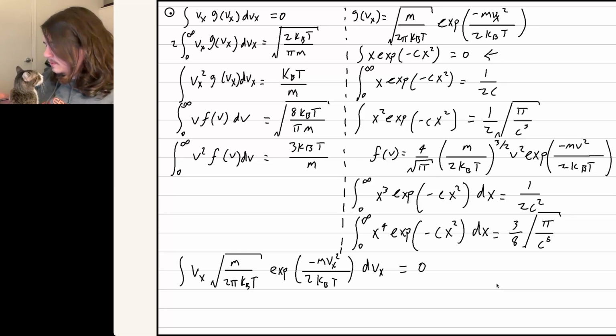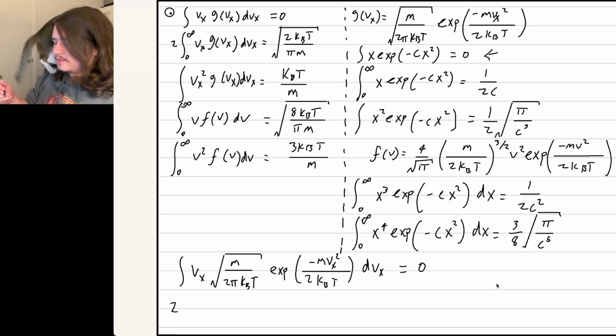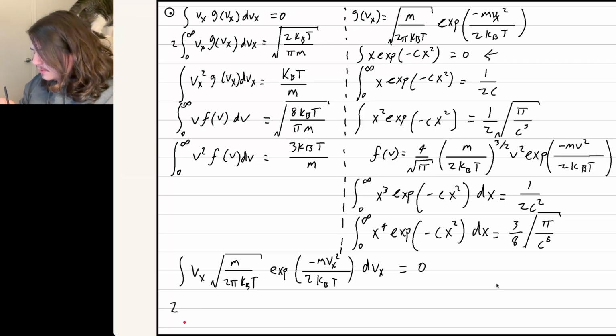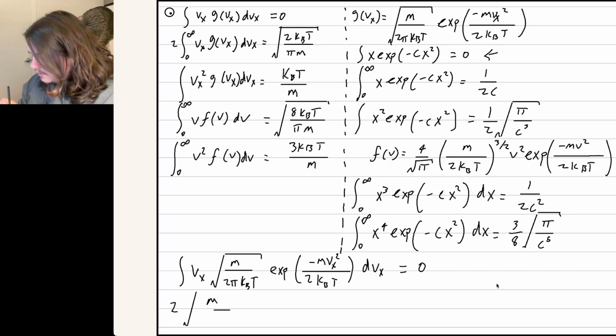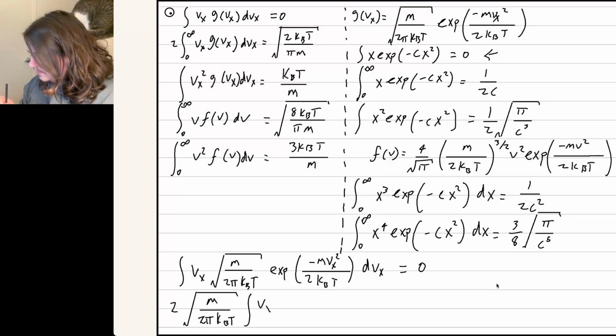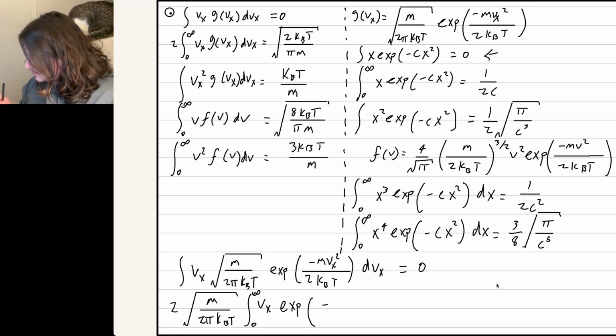Let's keep going. The next one was 2 times v sub x times g v sub x. So it's the same one, but multiplied by 2 and with different bounds. I'm going to bring the radical out of the integral first. And then in the integral we have vx, it's 0 to infinity, exp minus mvx squared over 2 kbt dvx.